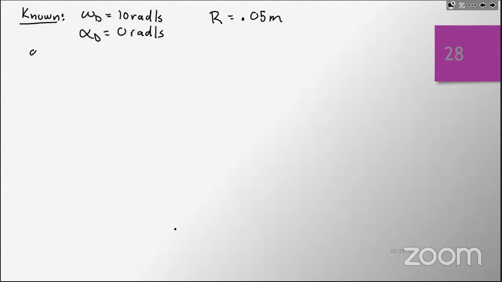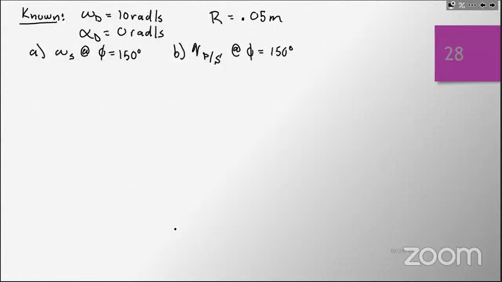And we're asked to find omega sub S at phi equal to 150 degrees, v of P with respect to S at phi equal to 150 degrees, and alpha of S at phi equal to 150 degrees.